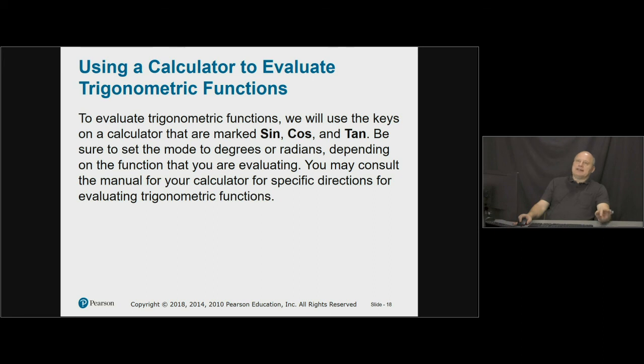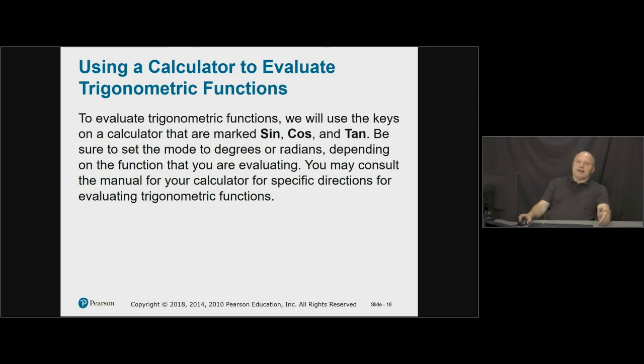Okay, there's basically 3 modes on your calculator: degrees, radians, and gradients. We don't talk about gradients at all in this course. We talk about degrees and radians. So you have to make sure your calculator is put in the correct mode. And I can't tell you here how to do that because if you got a Casio, that works different from a Texas Instrument. A Texas Instrument works different than a Sharp calculator.